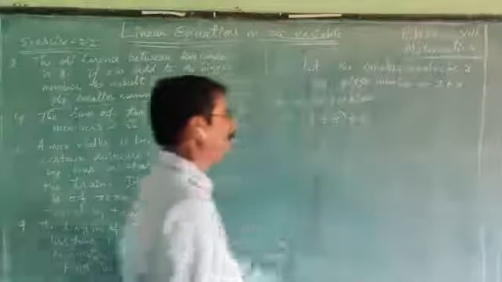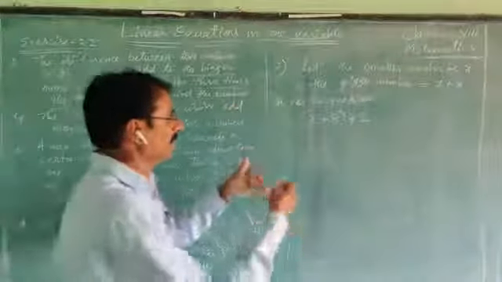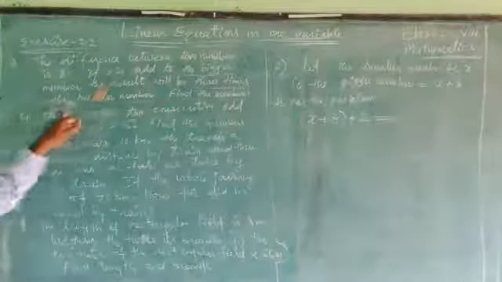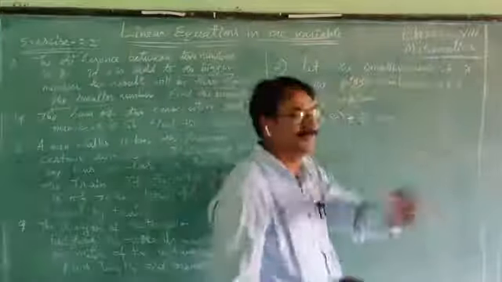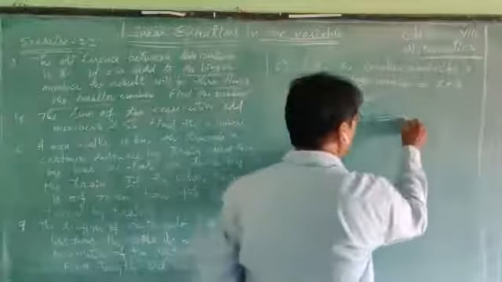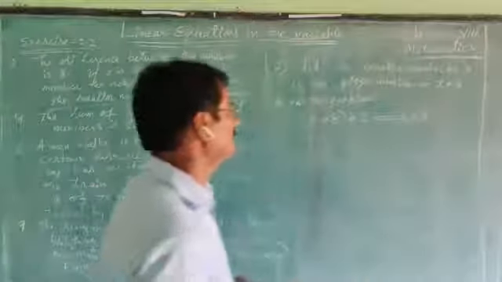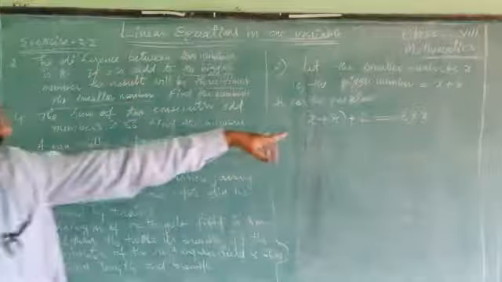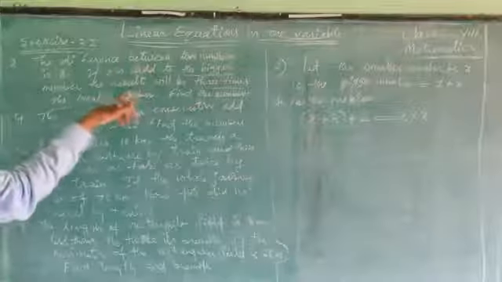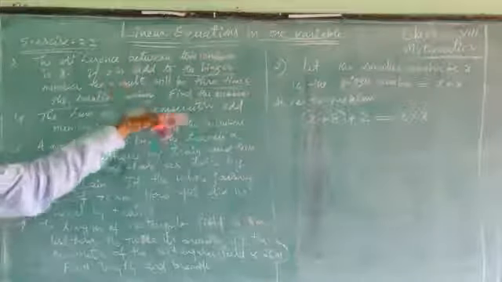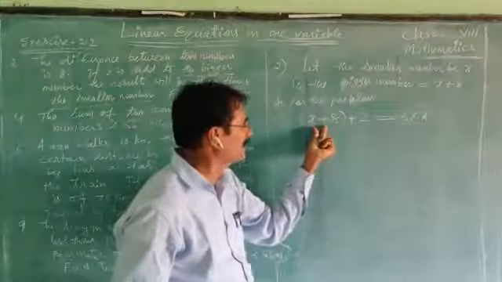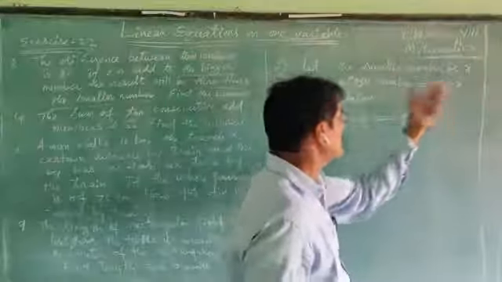If we add 2 to that bigger number, the result is equal to 3 times the smaller number. We already know the smaller number is x. 3 times means 3 into x. So as per the problem, we add 2 to the bigger number and get the result 3 times the smaller number.